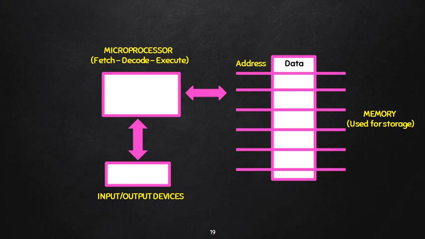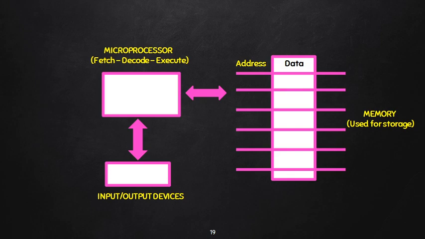What is memory? Memory is used for storage. It has data or program which is written in binary language, and this is stored at a particular location, and each location has a particular address. The address is used by the microprocessor to fetch either the instruction or the data from the memory. What is microprocessor?